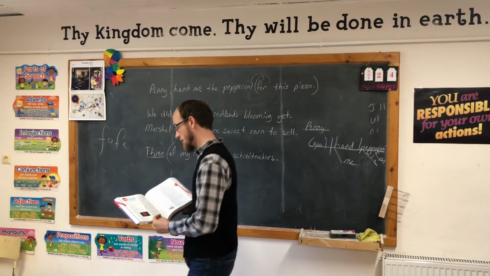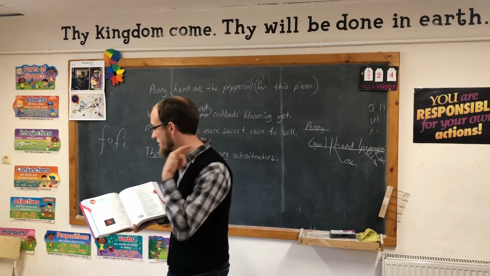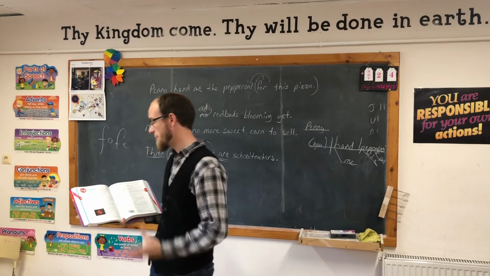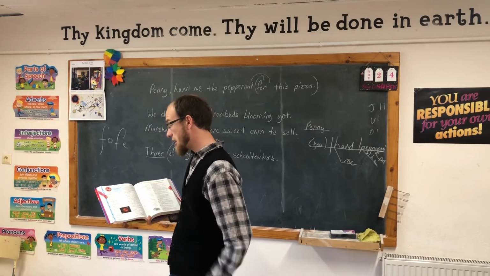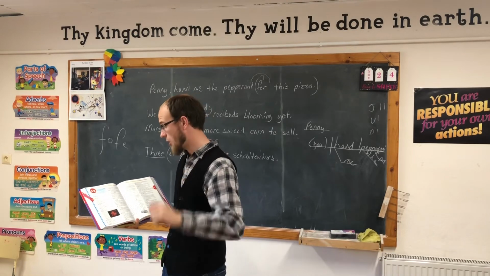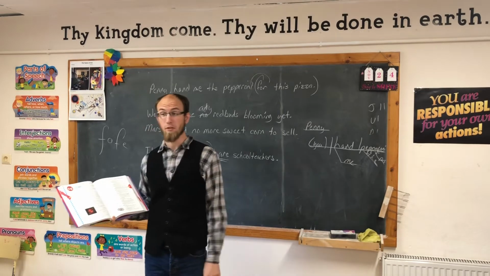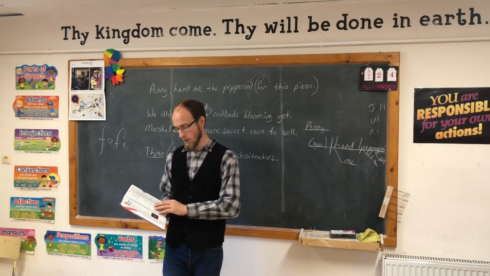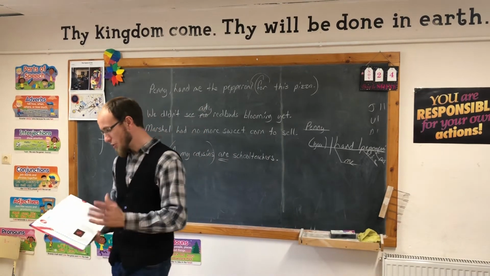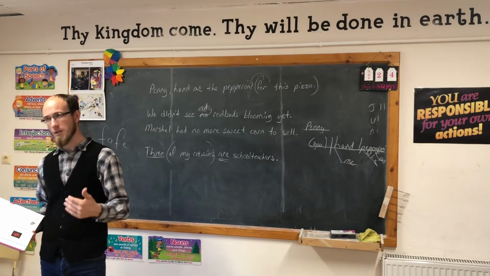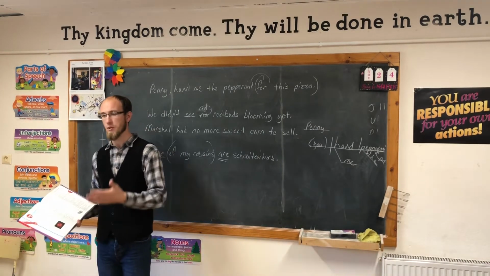Here, gag. Gag could be a verb, and it means to tie a piece of cloth around someone's mouth to keep them from talking. It could be a noun. That piece of cloth could be called a gag. And then informally, it could even be a joke, a gag that you tell. So it tells you the different ways words can be used, the different definitions.